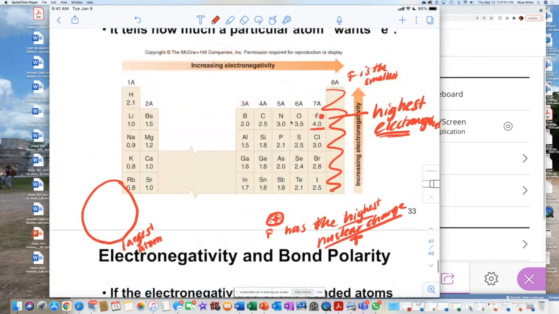What does that mean? If fluorine is placed in a bond with another element and they're sharing electrons, fluorine is most likely going to pull the shared electrons to itself. Okay? So fluorine pulls shared electrons to itself with its strong core. So, like, come on, fluorine.